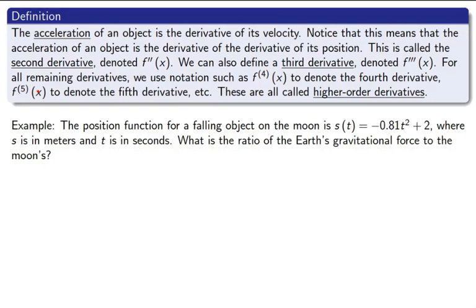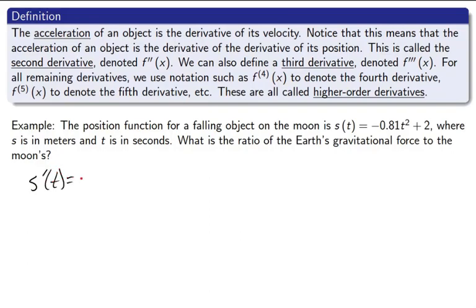Let's do an example. We've got the position function of a falling object on the moon. Here's your position function. S is in meters and t is in seconds. What I want to do is figure out what is the acceleration due to gravity.